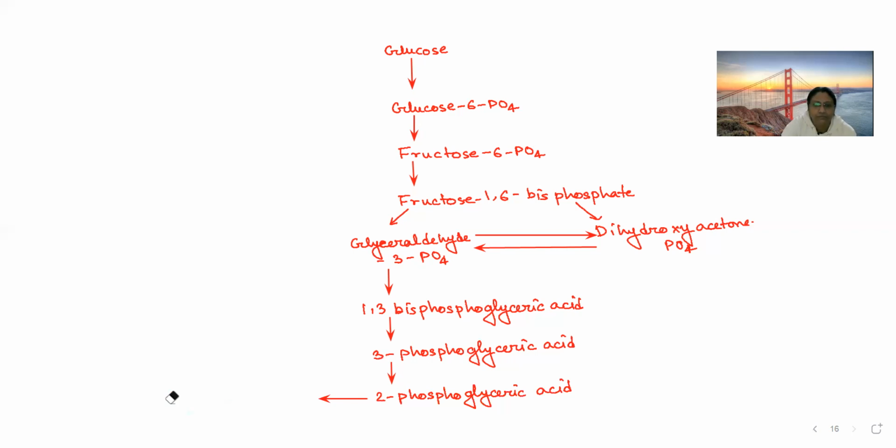Then there will be formation of phosphoenol pyruvate, and then there will be formation of pyruvic acid.